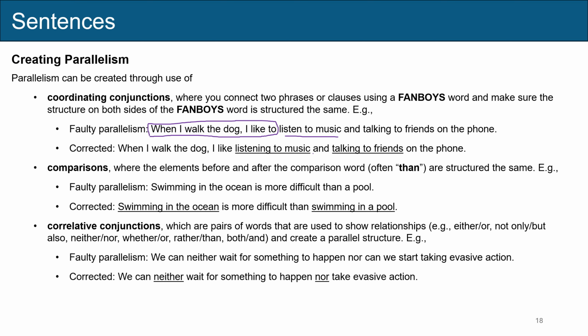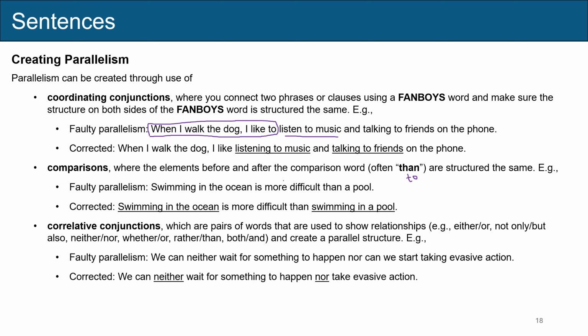So here, what we have listed, and it's only a list of two, but those two things are now put into the same structure. When we're looking at comparisons, again, often using the word than, sometimes using the word to, like on the last slide, we want to make sure the things before and after the comparison are structured the same.